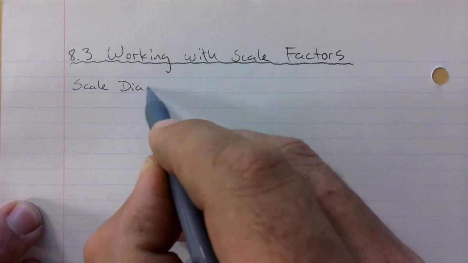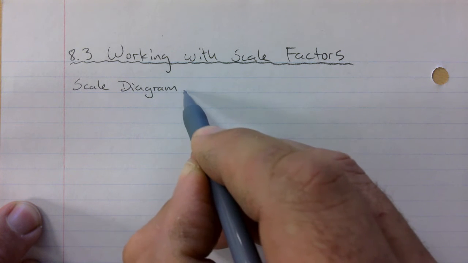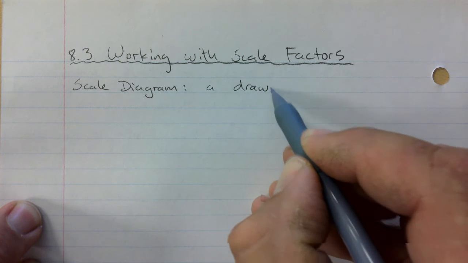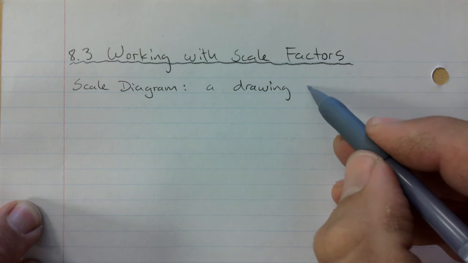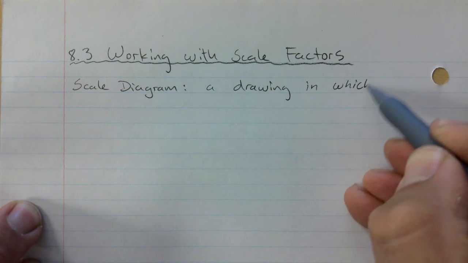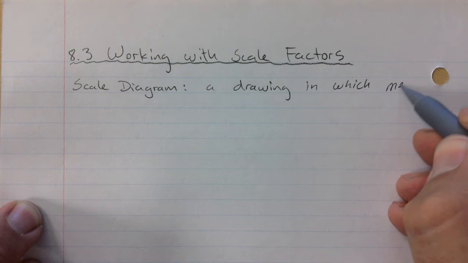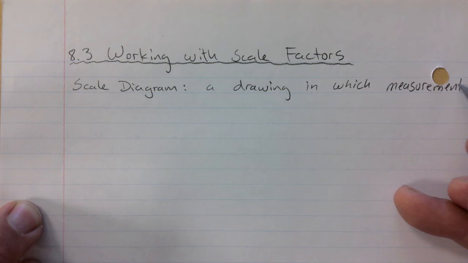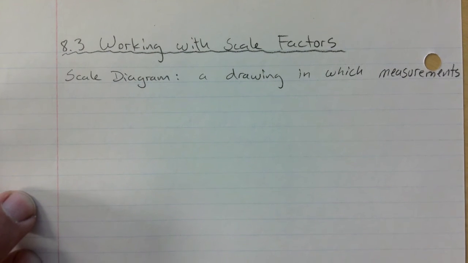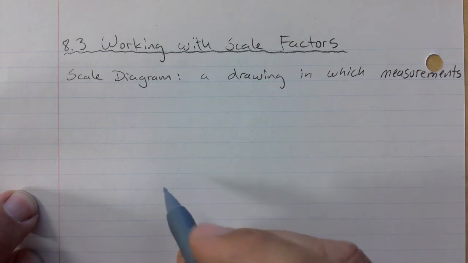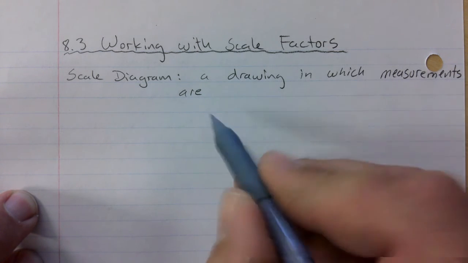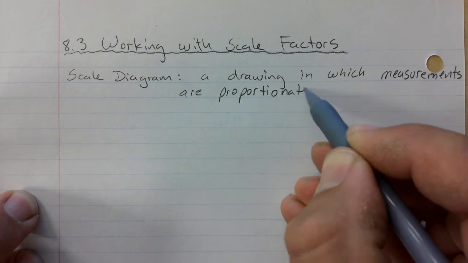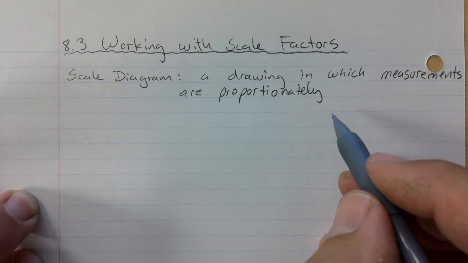First of all, some definitions or key terms. Scale diagram: a drawing in which measurements are proportionately reduced or enlarged from the actual measurements.